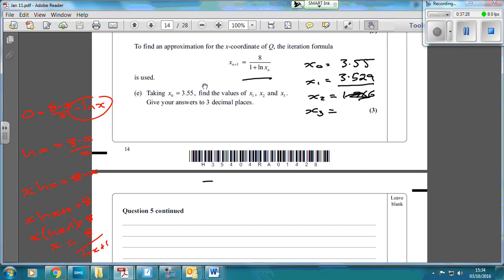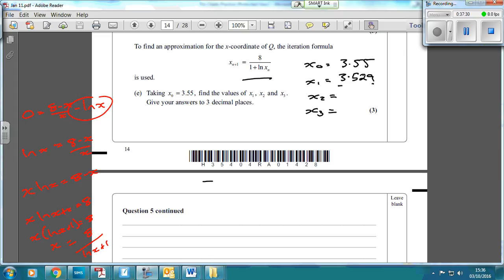Let me just do that again. Okay, the issue being that I didn't log it. So you do log of the answer plus 1, then 8 divided by that answer, and there we go. 3.538.